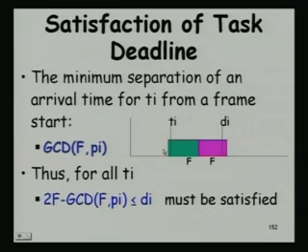Between this and this, Di can be later than this one, but it cannot be less than 2f minus GCD. So, this is a case which cannot be scheduled. Di can occur only later.